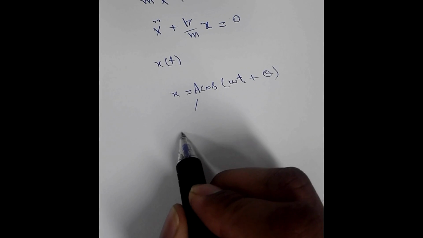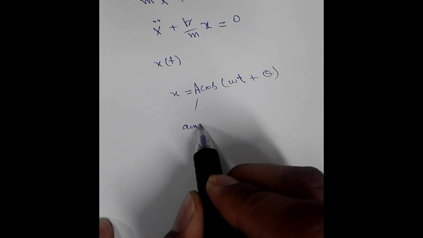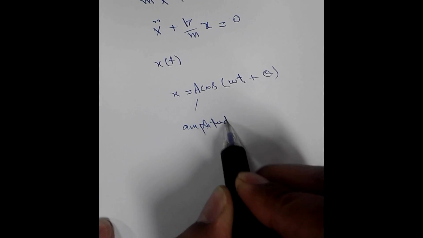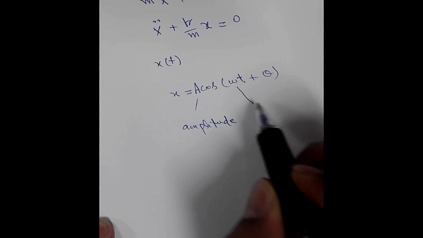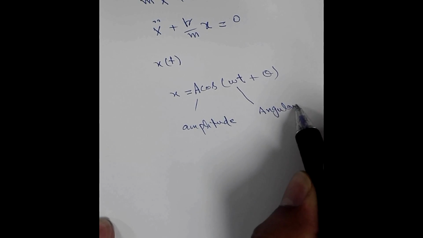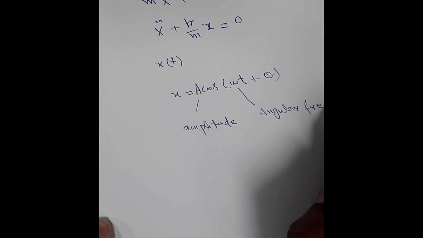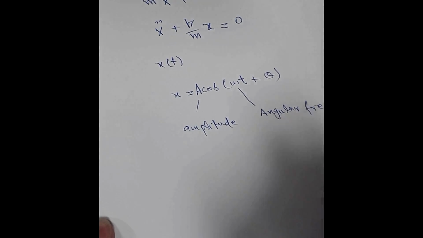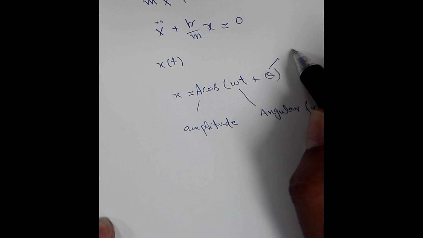and here a is a constant. This constant a is the amplitude. This omega is the angular frequency. And this theta is the phase.